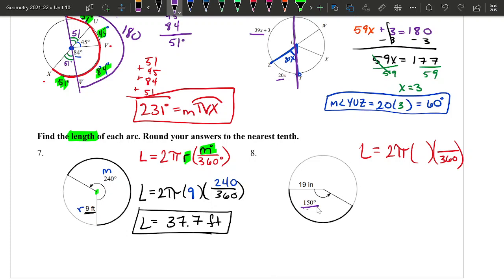So the measure of the arc that I'm looking for, M, is 150 degrees. Degrees go over the 360 degrees, so degrees go with degrees. And then the radius is 19.